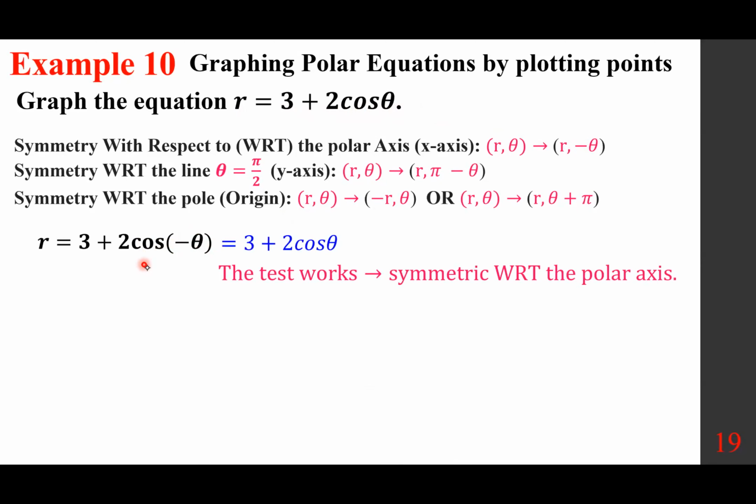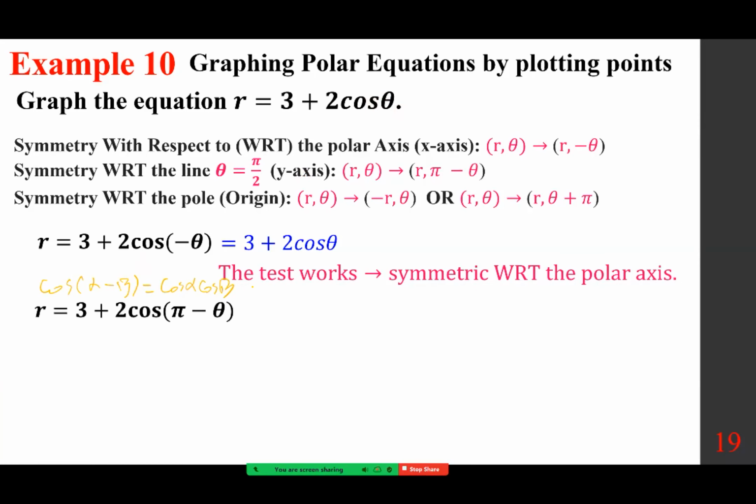If I change that to pi minus theta, I remind you that cosine of alpha minus beta is cosine alpha cosine beta plus sine alpha sine beta.